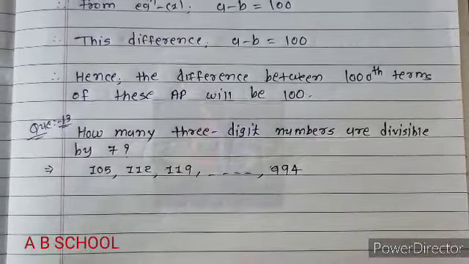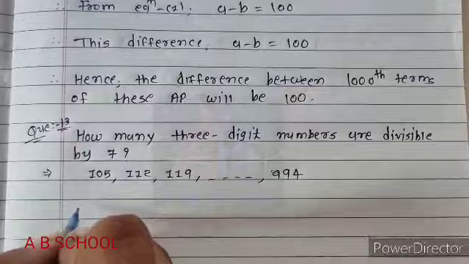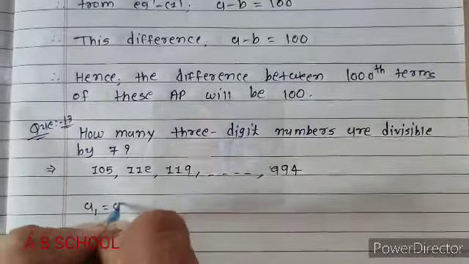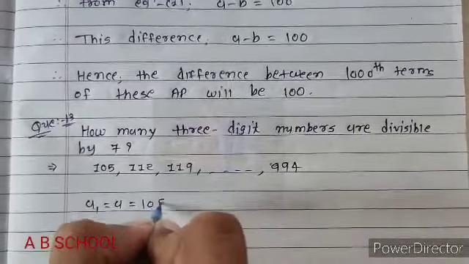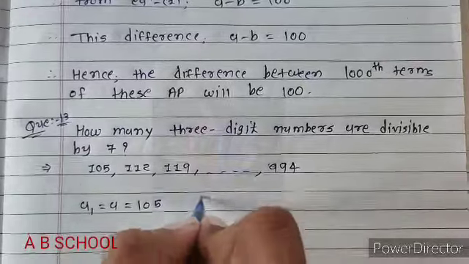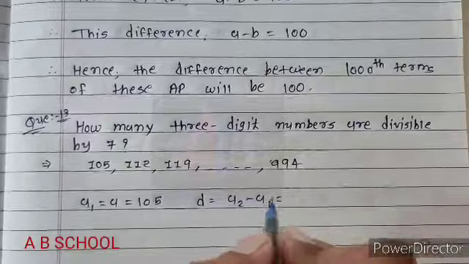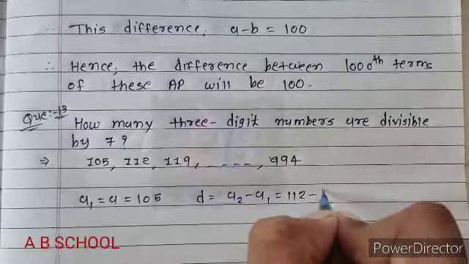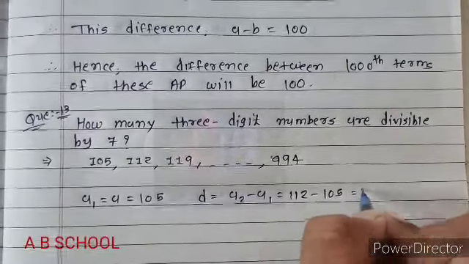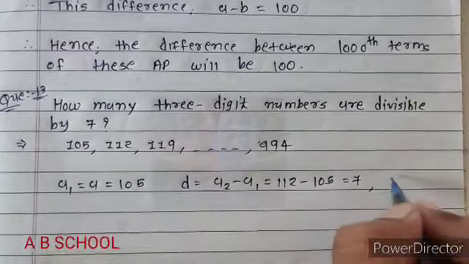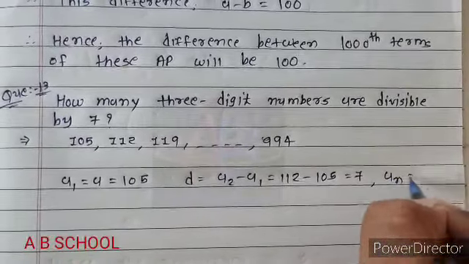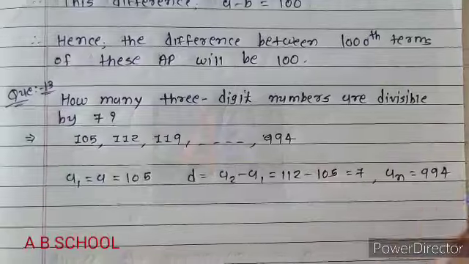Now by using the general form of AP, value of A1 is equal to 105. Common difference D is equal to A2 minus A1, which is 112 minus 105, equal to 7, and last term An is equal to 994.